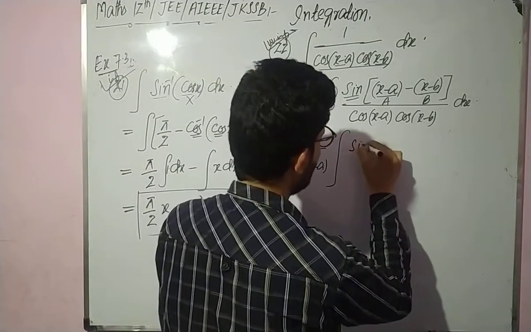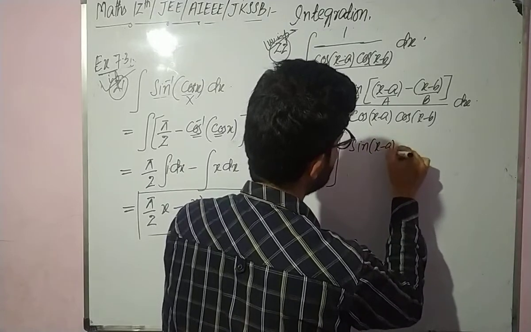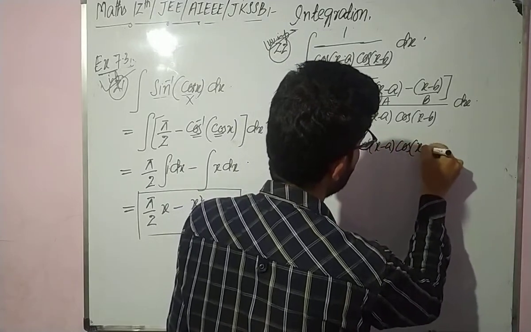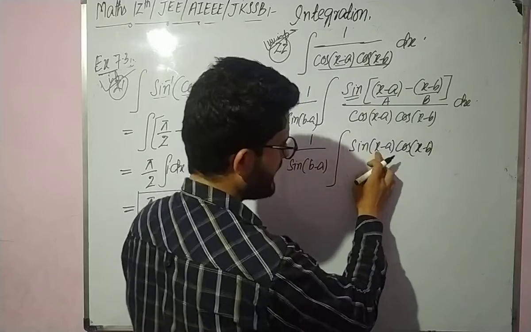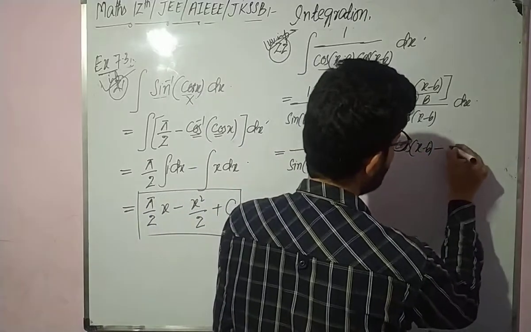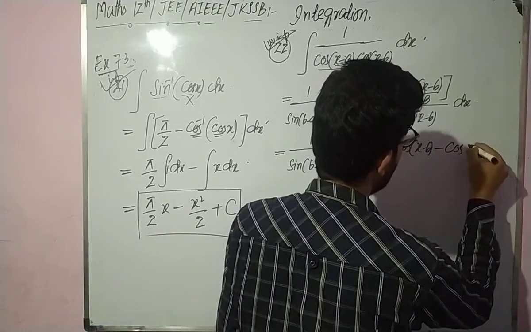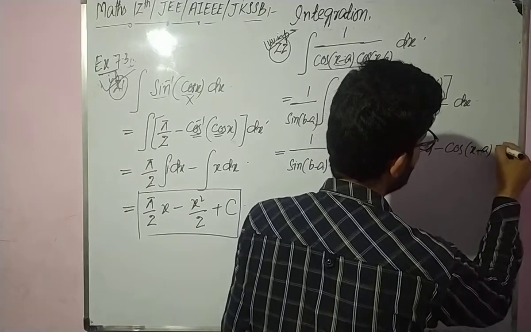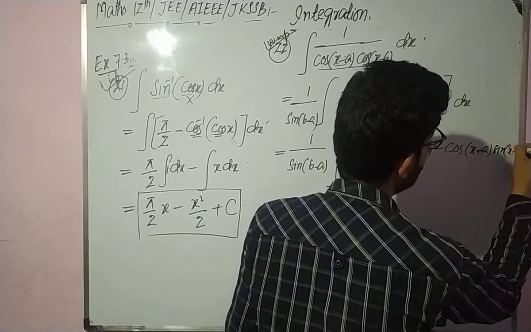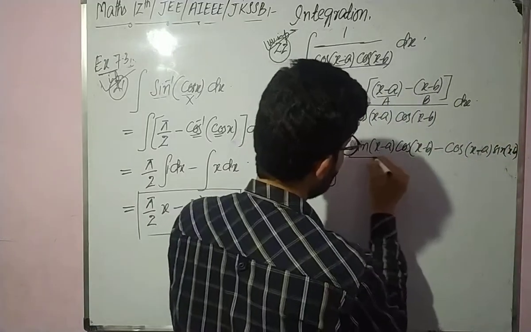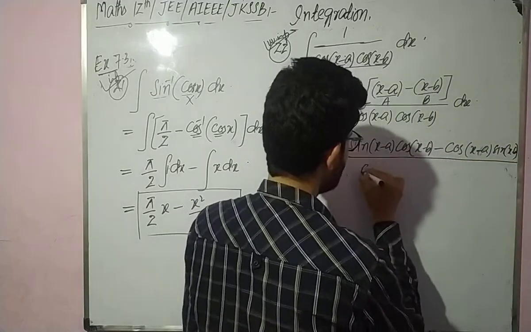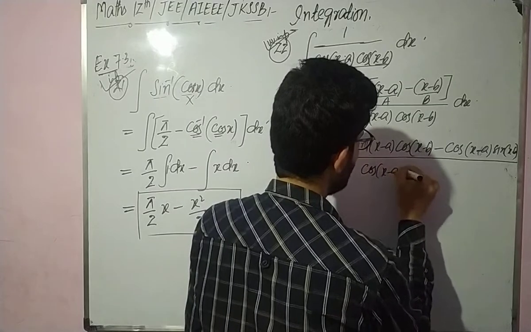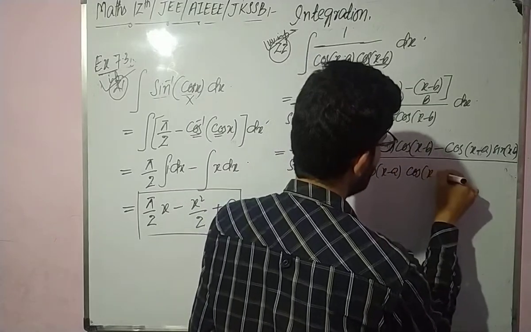So it is sin a, that is sin of x minus a, cos b, that is cos of x minus b, sin a cos b minus cos a, that is cos of x minus a, into sin b, so sin of x minus b, divided by cos of x minus a into cos of x minus b into dx.